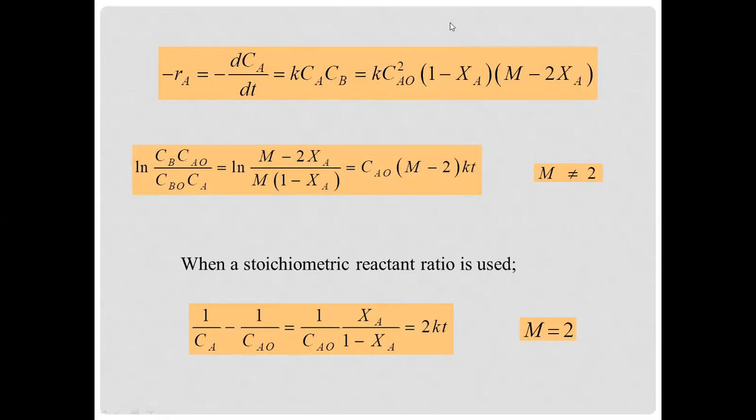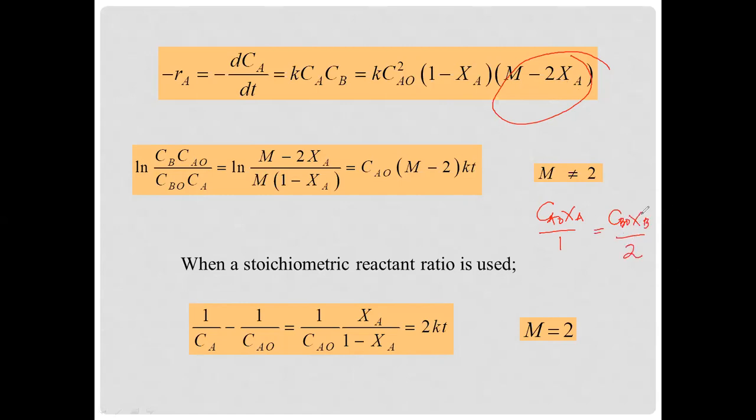As to the question, how did this come about? This is different from the first case wherein you have M minus XA. This one, it's M minus 2XA. The procedure is exactly the same as case 1. The only difference is that stoichiometrically, class, you have to remember that CAO XA over 1 is equal to CBO XB over 2.